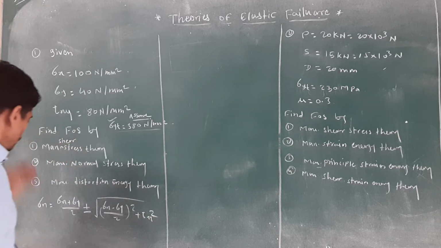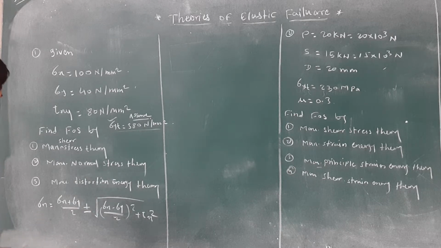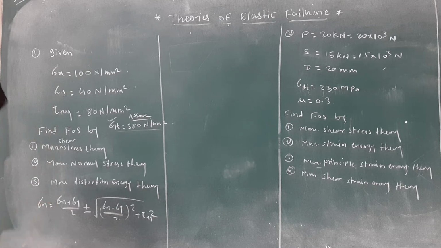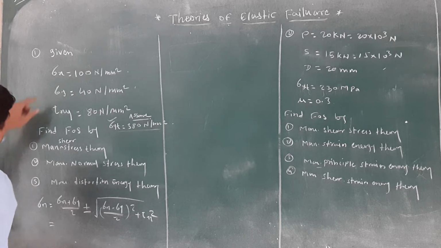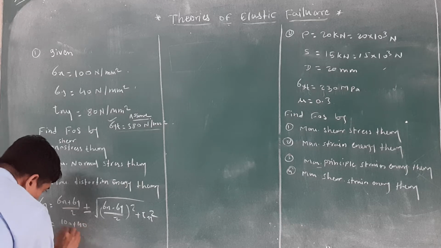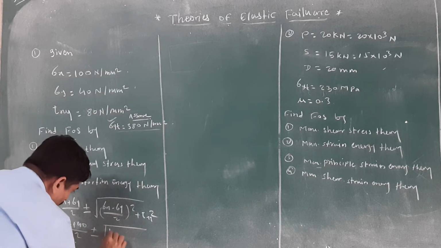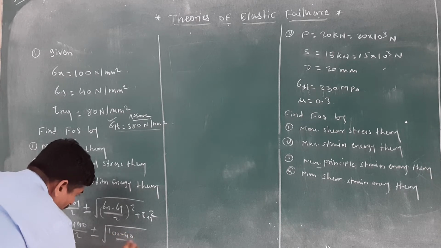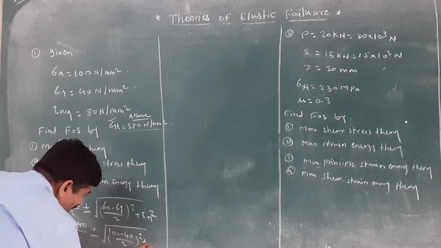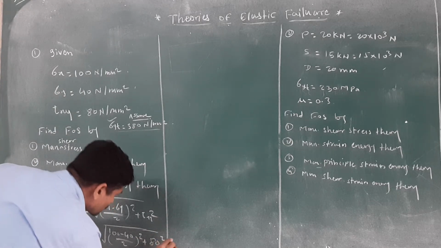You should remember this formula, and you calculate the major principal stress as well as the minor principal stress. I will put all the values in that equation. Sigma x is 100, plus 40 sigma y, divided by 2, plus or minus root of (100 minus 40 divided by 2) whole square plus, what is the value of tau xy? 80, 80 square.